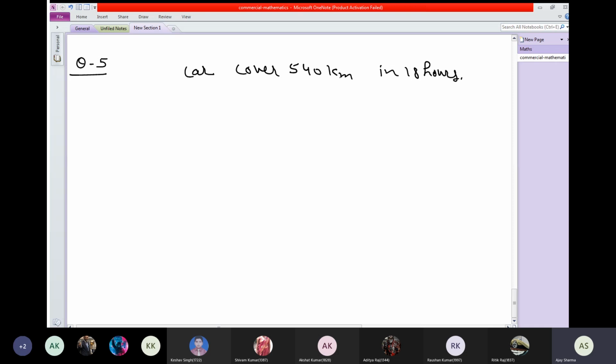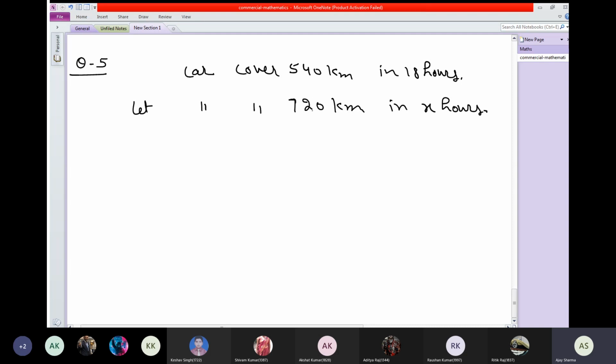Find the time taken by the car to travel 720 kilometers. Let the car cover 720 kilometers in x hours.